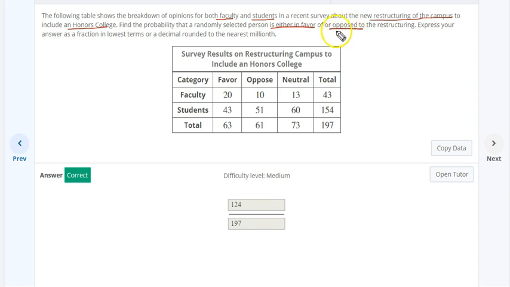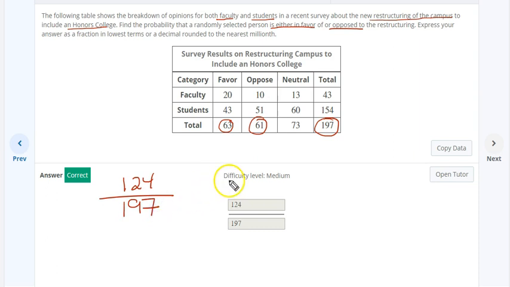Here they're just in favor or opposed. So in favor, if we add them up, that's 63, I should say. Opposed is 61. So we add these two up, and that's going to be 124.